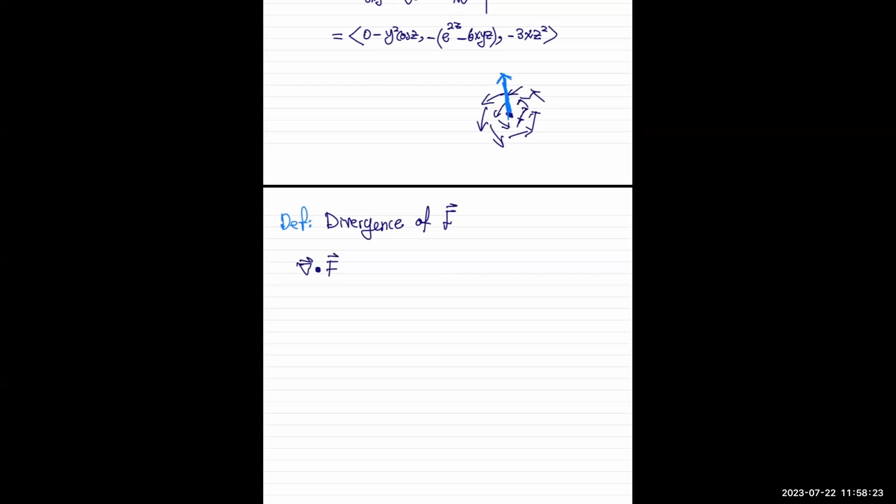So this operation is actually a lot easier to do. What you do is just take the del operator, which is again the derivative in vector form, and you dot it with the vector field PQR.